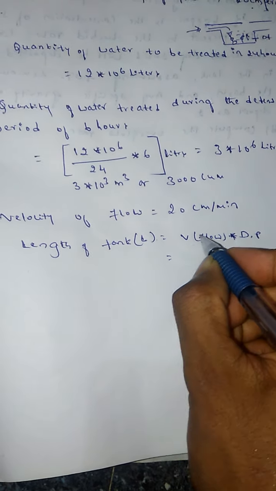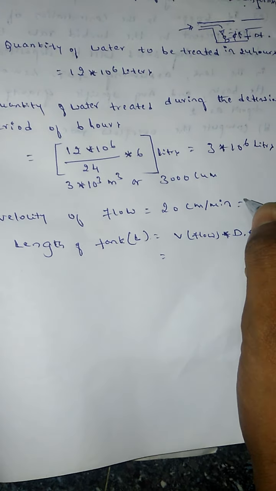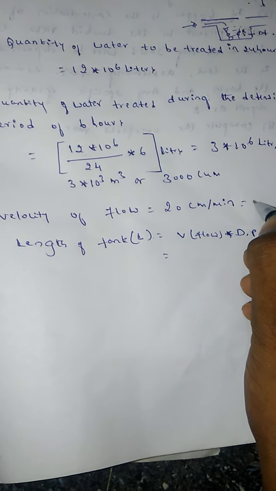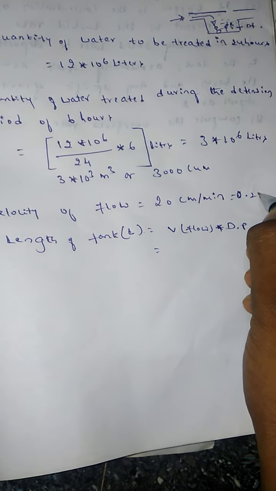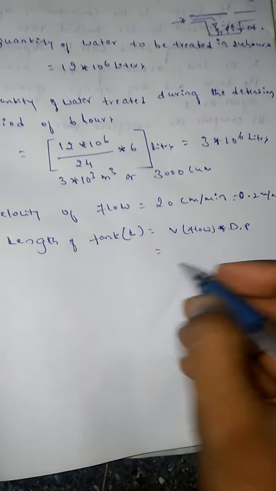Velocity converted into meter per minute is 0.2 meter per minute.